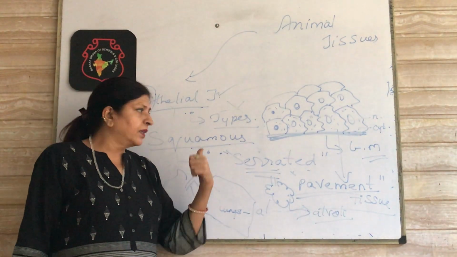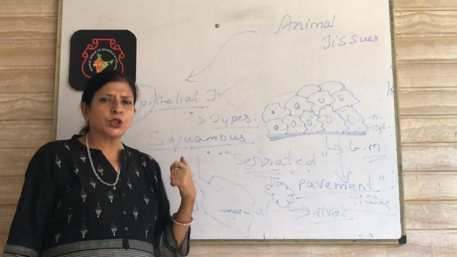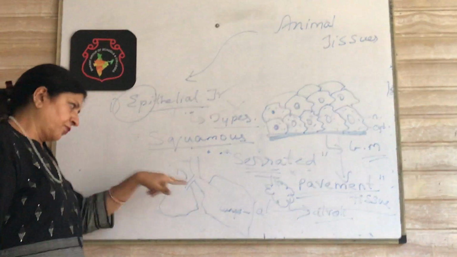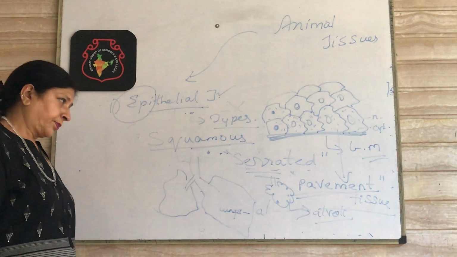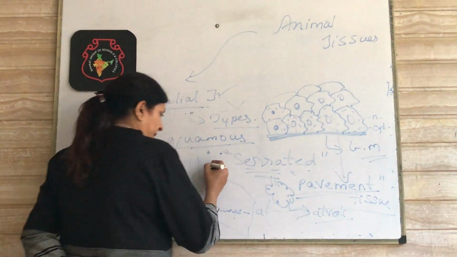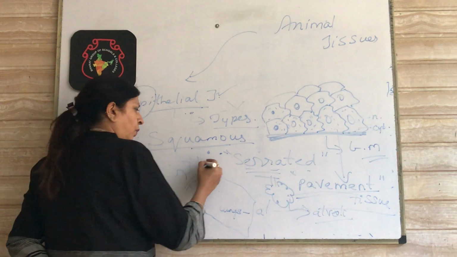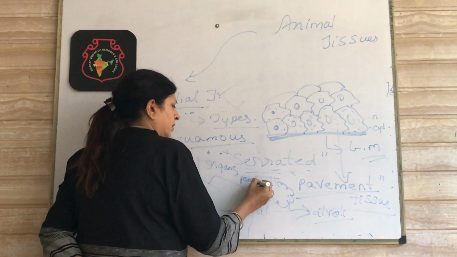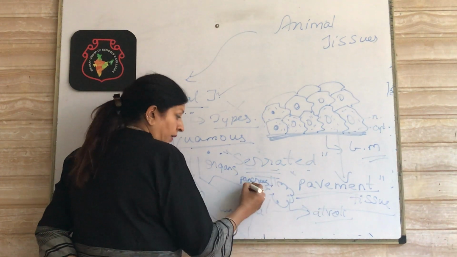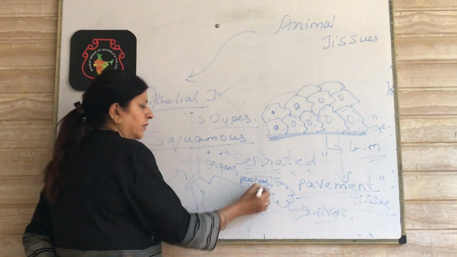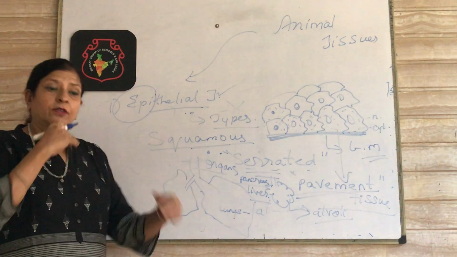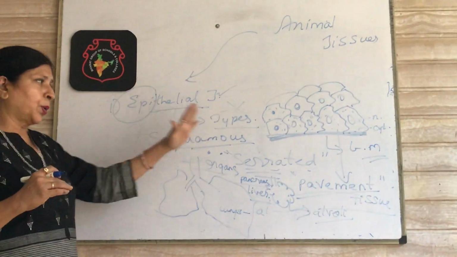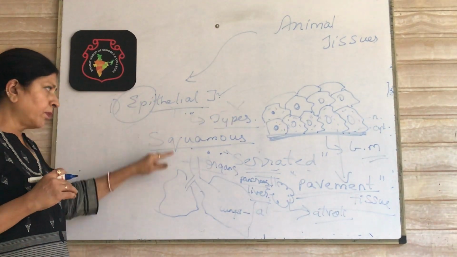So you find squamous epithelial tissue in abundance in the alveoli found in the lungs. You also find it on top of organs like the pancreas and liver, wrapped above. So this was all about squamous tissue.